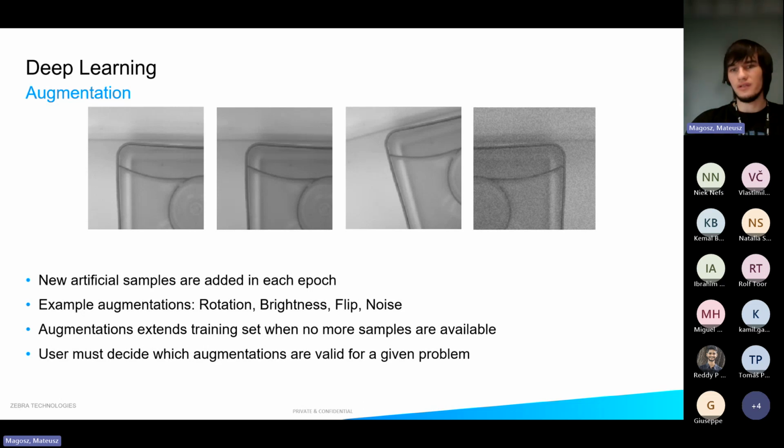You can add 3 degrees of rotation, 2 degrees, but not 90 degrees of rotation. If you have stable lighting, don't add 20% of brightness variation. You can add 2 or 3. So remember not to overuse them or to incorrectly set some ranges.